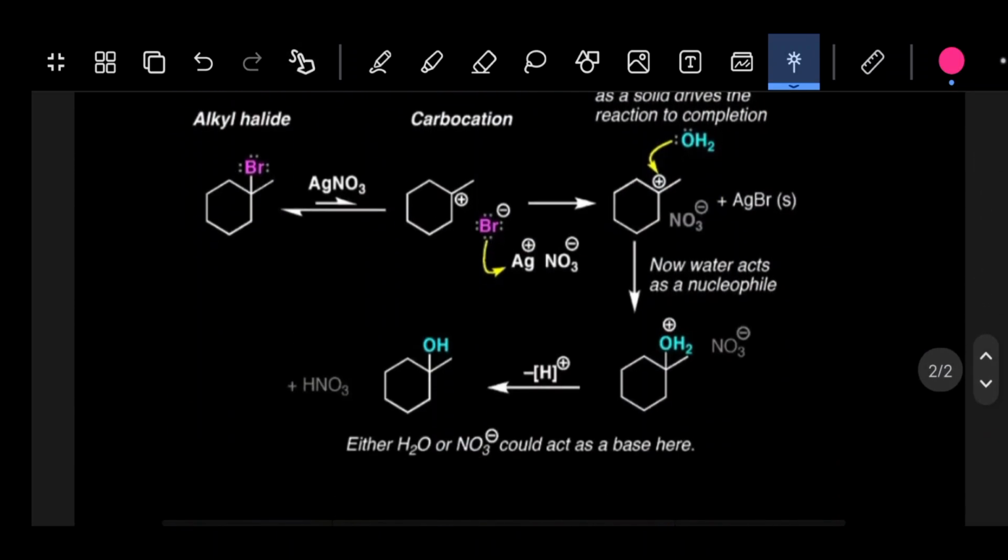With the alkyl bromide, Br goes out, taking away the electrons, creating a positive charge. A carbocation is formed, and then on the carbocation, H2O as a nucleophilic solvent attacks the positive charge, and we see AgBr precipitate being formed. The H plus, which is removed here, reacts with NO3 minus, forming HNO3 acid. So that is it.